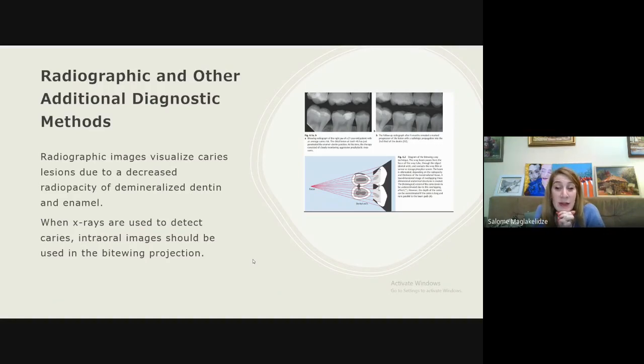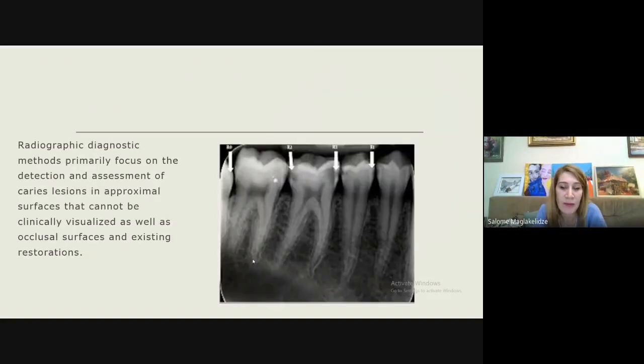As we already talked about, the proximal spaces are very hard to detect when there is a caries and when there is a decay. So in this case, the X-ray is mandatory, and if we want to detect caries in proximal surfaces, we always do bite wing projections.